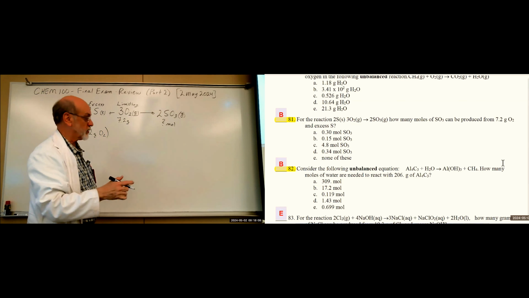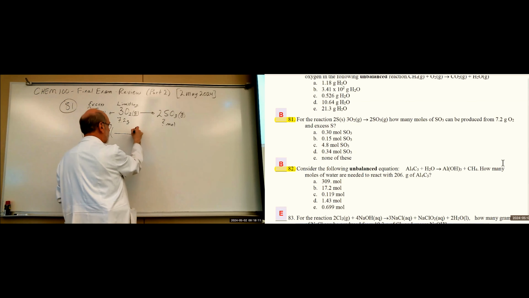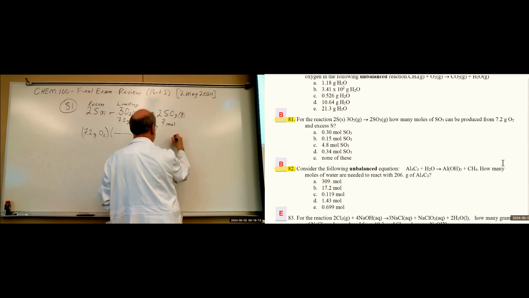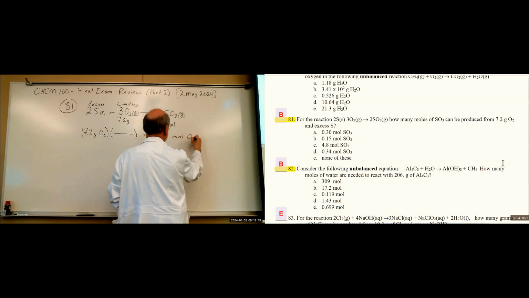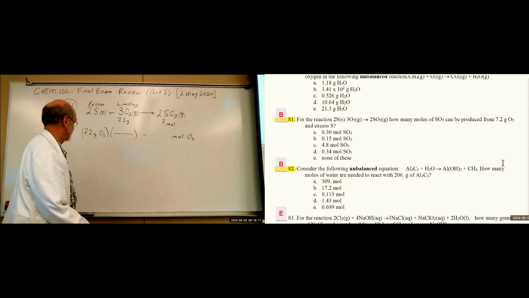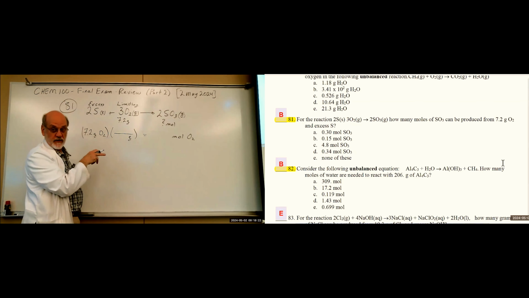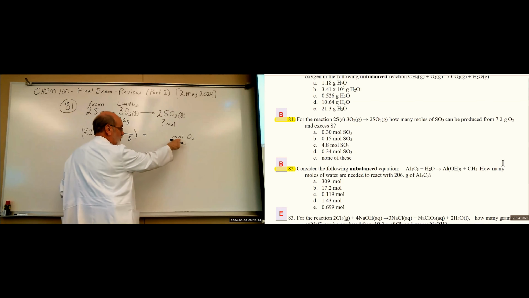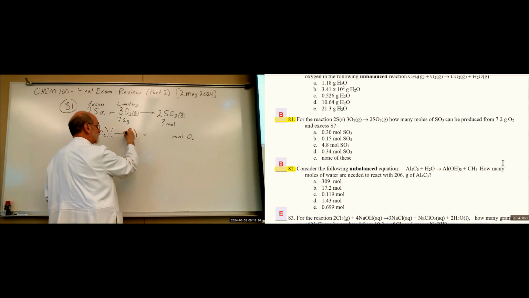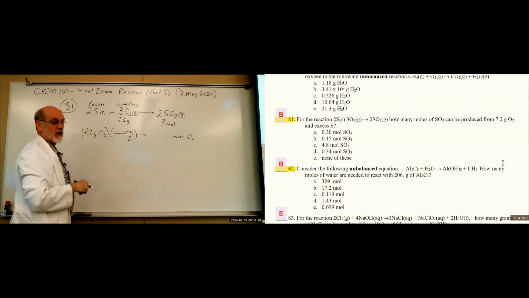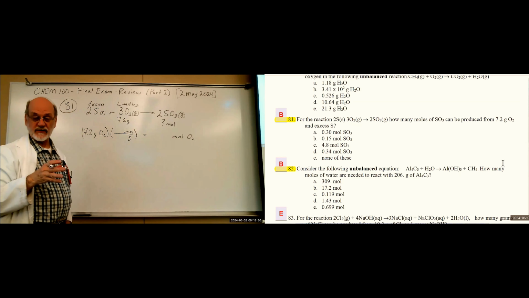It's a conversion problem. We need some factor that will give us moles of O2. Grams in the numerator, grams in the denominator, so that they will cancel. Moles in the answer, moles in the numerator. Grams per mole. Molar mass is what we're looking at.